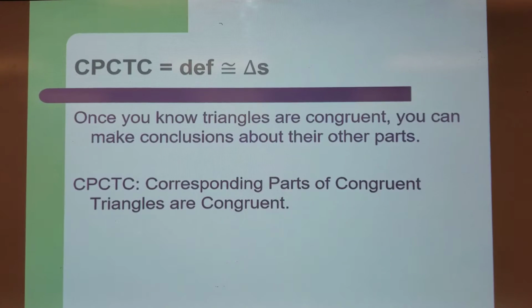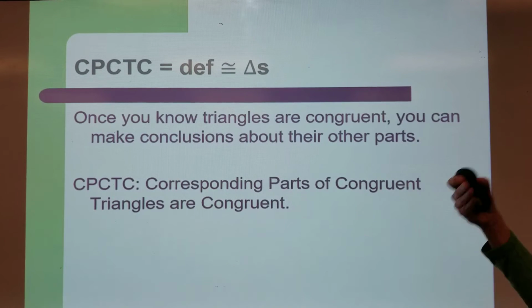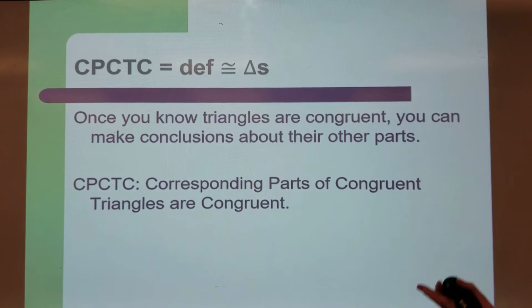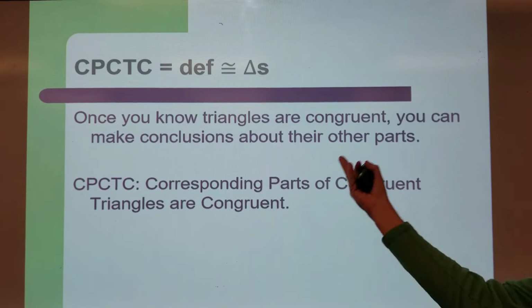So again, just a reminder, CPCTC is a fancy acronym that just refers to this notion that corresponding parts of congruent triangles are congruent. Once we know the triangles are congruent, then we can make those statements about the other parts being congruent, just like we did in lesson 1. So if you go back to our lesson 1 notes, we said, hey, these triangles are congruent.